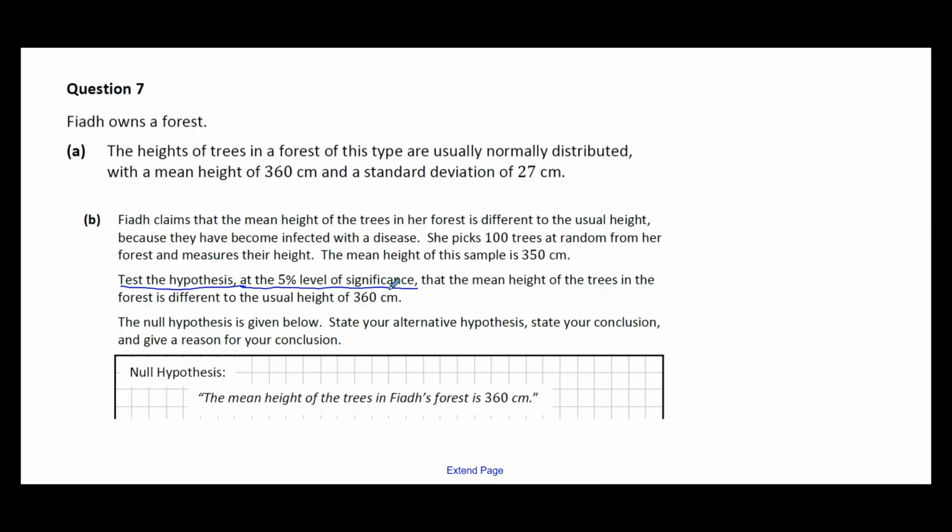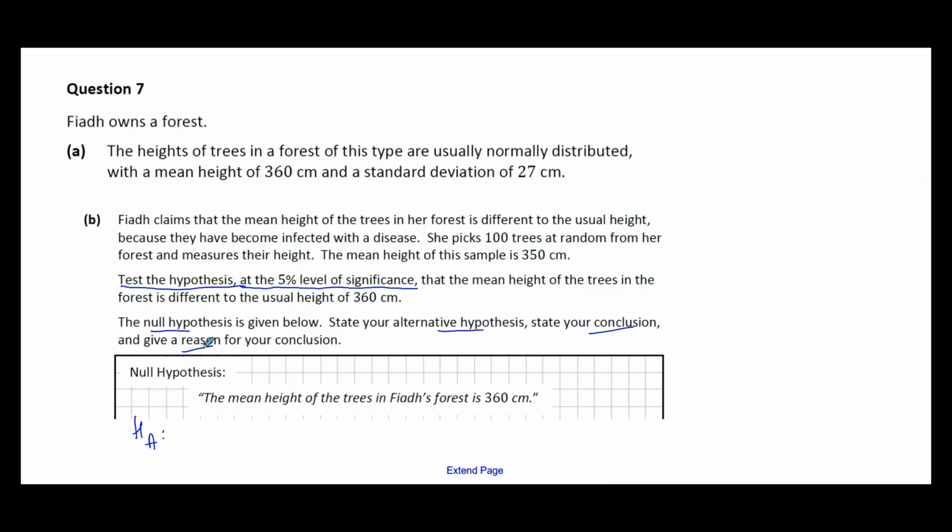So this test has a few elements, and that's what we are having here. There is a null hypothesis, which is given to us. There is an alternative hypothesis. Then there is a conclusion and a reason for our conclusion.